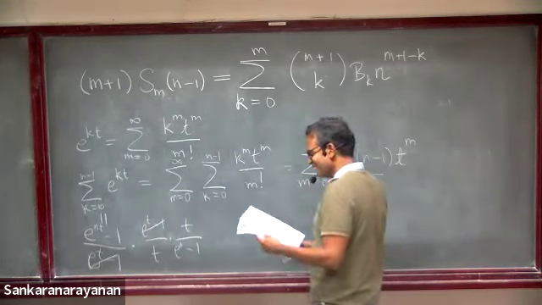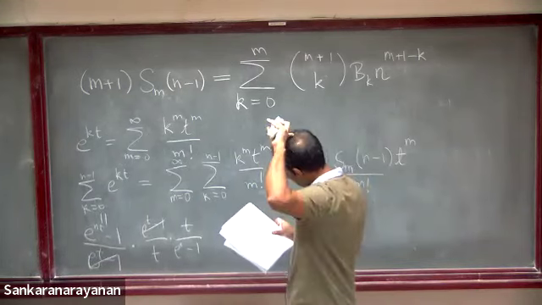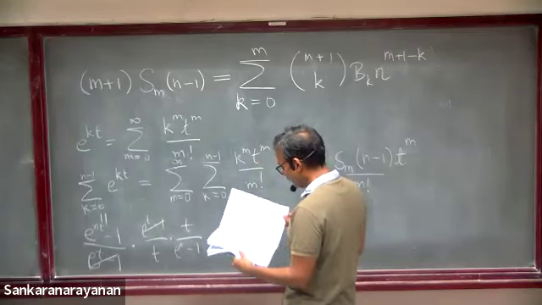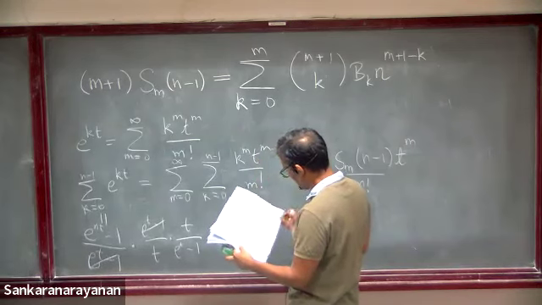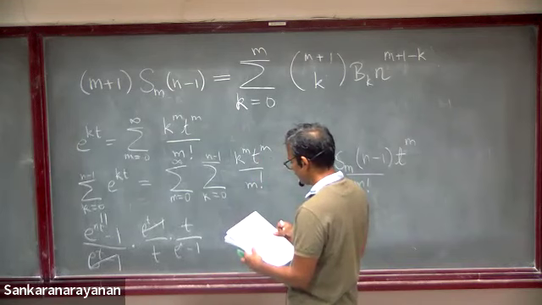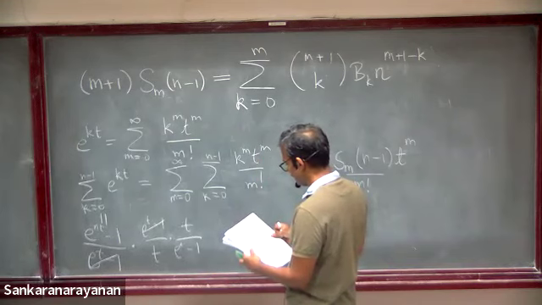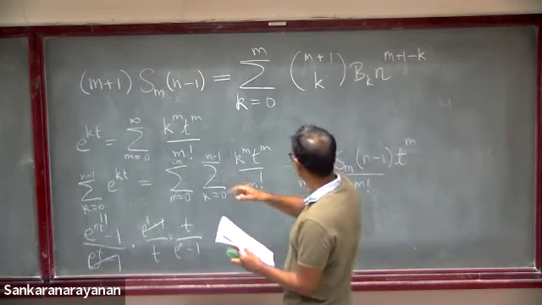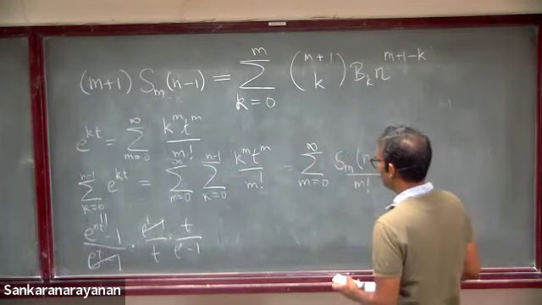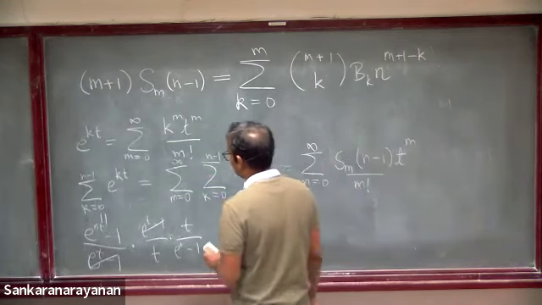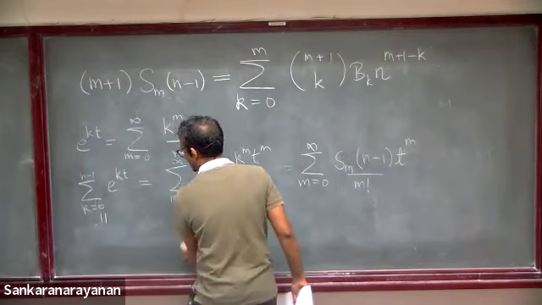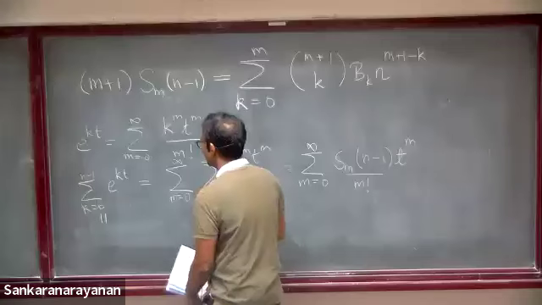What did I want to do? Sorry, I lost my thread of reasoning here. So the left-hand side is certainly (e^(nt) minus 1) divided by (e^t minus 1). And what do I want actually? Okay, let's do this slowly, let's do this again.